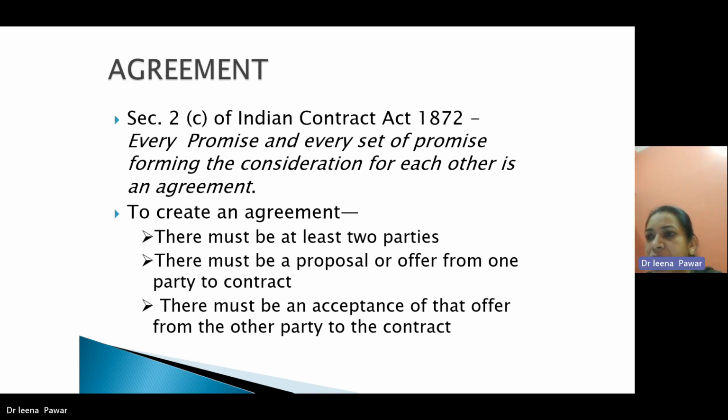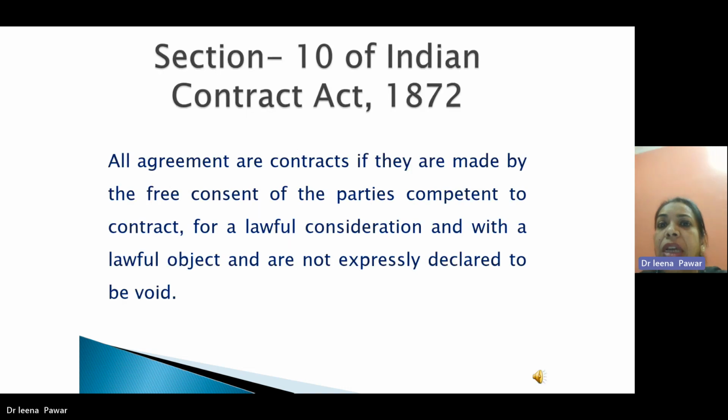So let us come to section 10 of the Indian Contract Act. Section 10 consists of the validity; it says which contracts are valid and enforceable by the law. It defines the essentials for a valid contract.